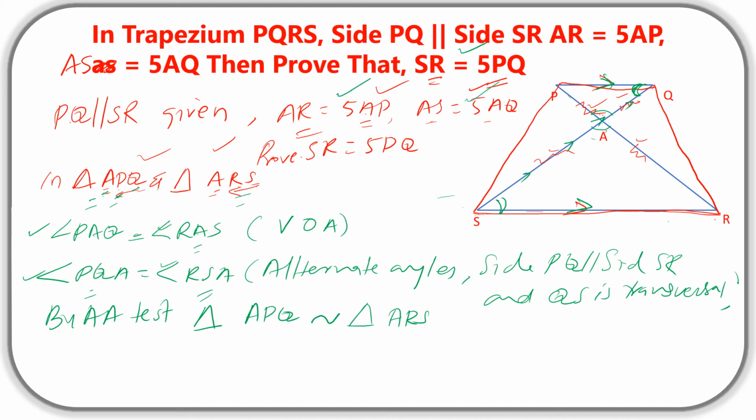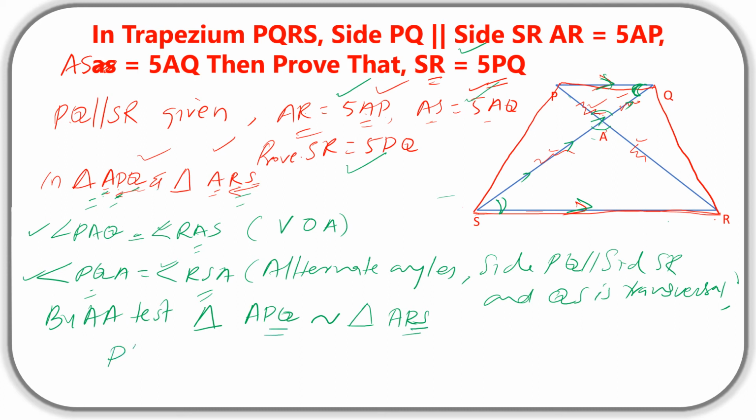Naturally, the third side also will have the same ratio, but we have to write that. Now we can write when these two triangles are similar, the corresponding sides will be proportional. So in that case, SR and PQ are corresponding sides. SR is coming here, PQ is coming here.